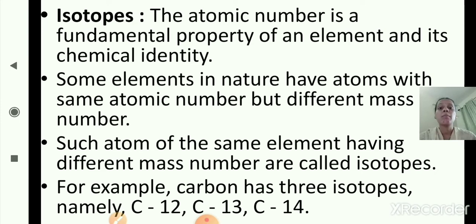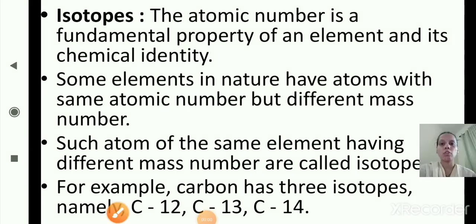So the atoms of the same element having the same atomic number but different mass numbers are called isotopes. Isotopes, namely C12, C13, C14. So one example is given, that is carbon. It has three isotopes, that is C12, C13 and C14.